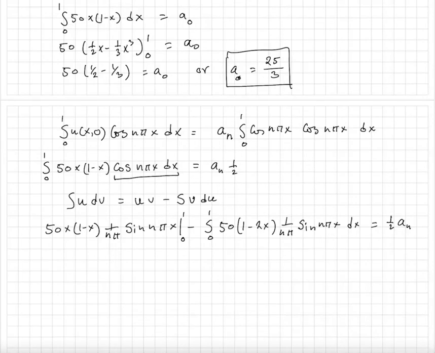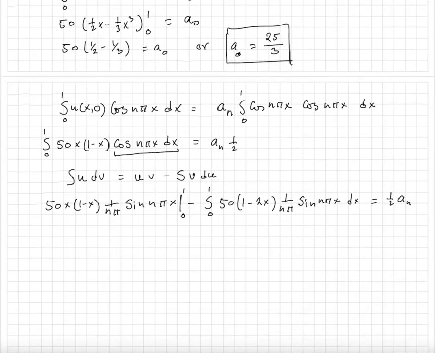Okay, so it looks a little bit of a pain, but it should not be very tedious. You can just look for some trick in mental math and you'll be fine. You see that here this one is sine n pi x evaluated at 0 and 1. So this one is 0, because sine 0 is 0, sine n pi is 0.